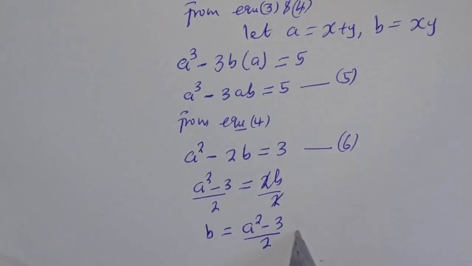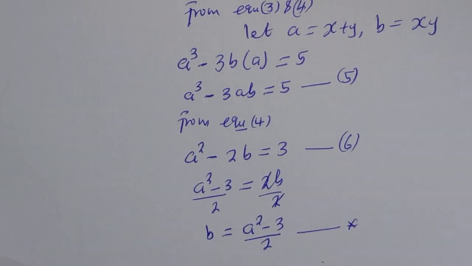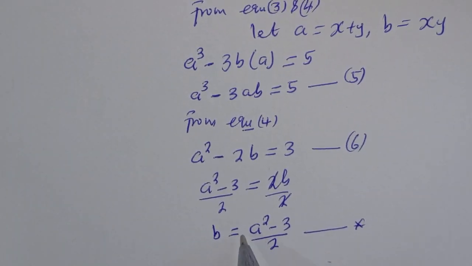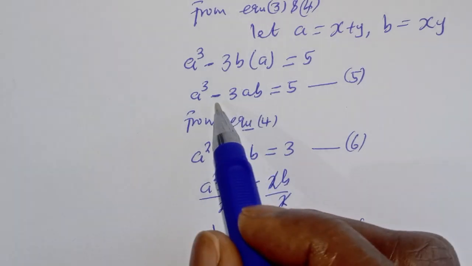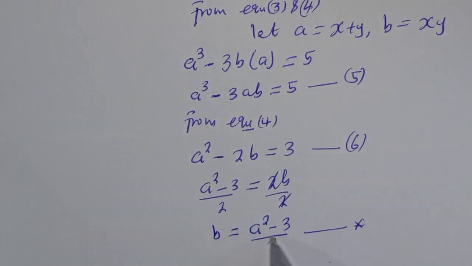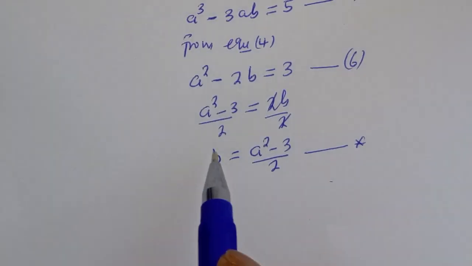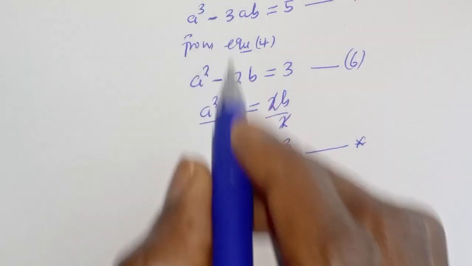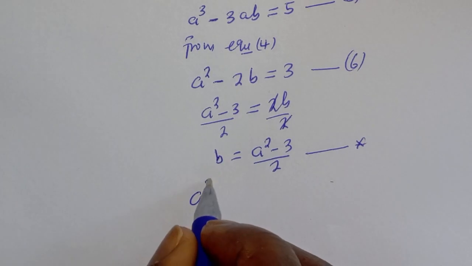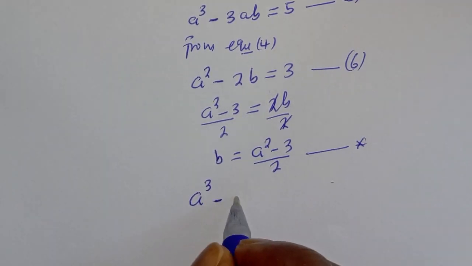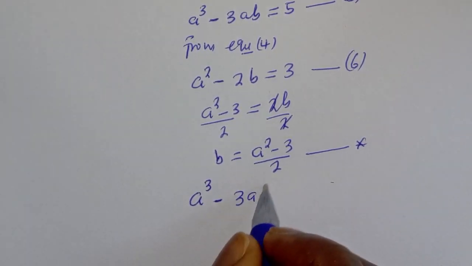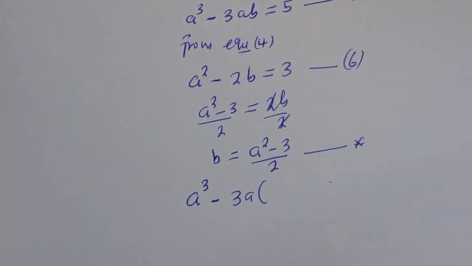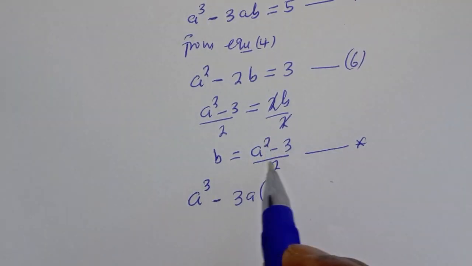Let's call this equation star because we are going to make use of it. Let's substitute this equation star in this equation 5. If you substitute this equation into this equation 5, we have A raised to power 3 minus 3A bracket, B is what?